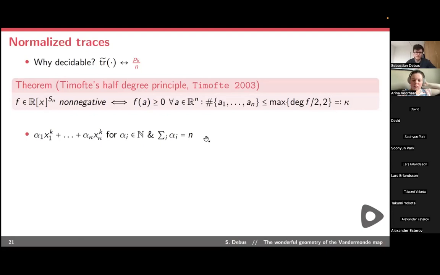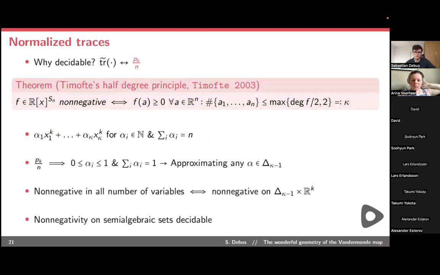And when we now divide the power sum by n, we obtain that this alpha is contained in the probability simplex, but it's a rational number. And if we allow arbitrary n, then we can have any alpha in the intersection of the probability simplex with the rationals.